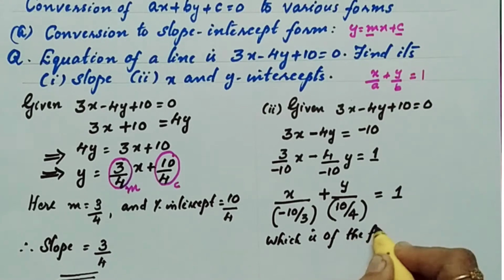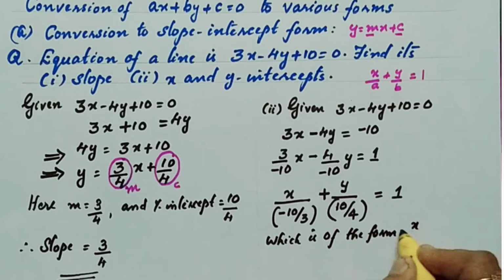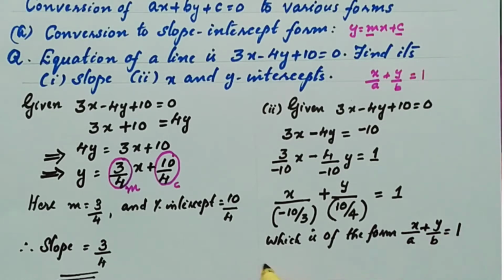Now, the given equation is of the form x by a plus y by b equal to 1, in which a is the x-intercept. What is the x-intercept here?